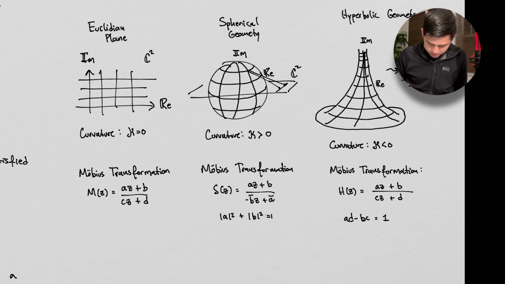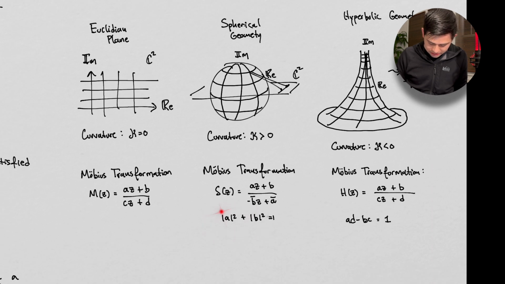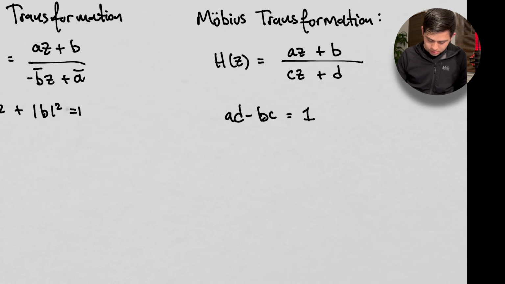For this condition, also this condition, I didn't really go over this, but the idea here is that we want this to be a unit circle or a unit sphere. That's really where this comes from.